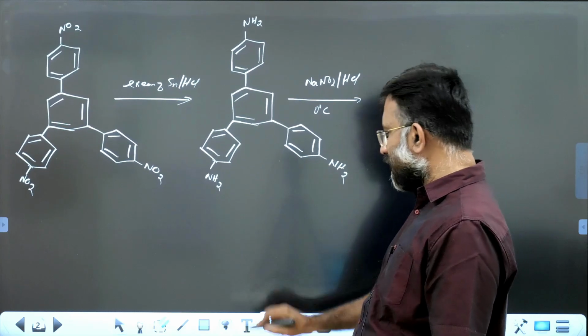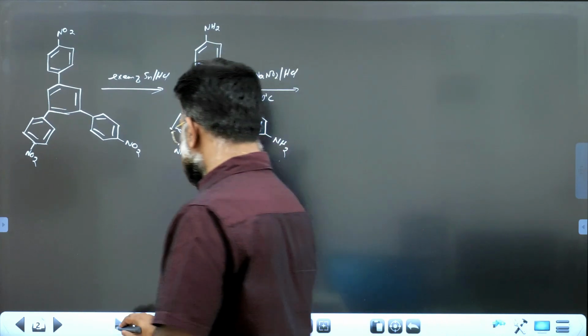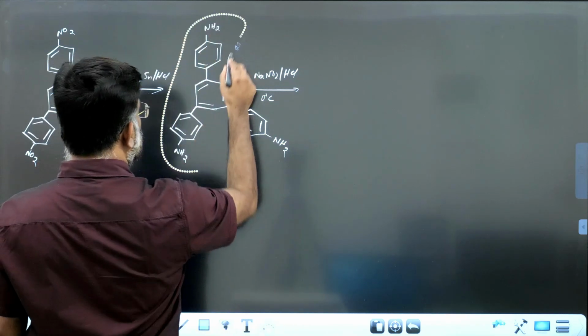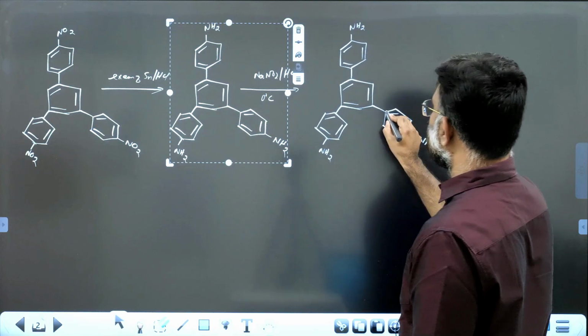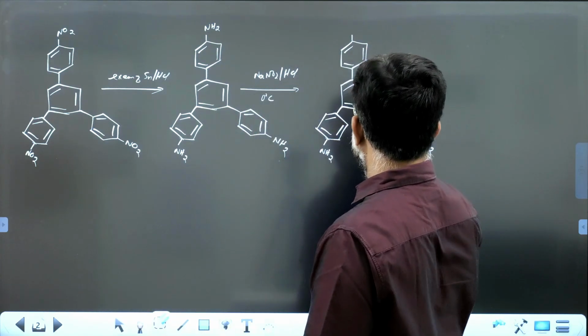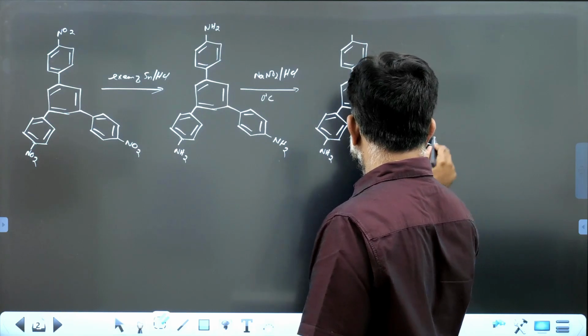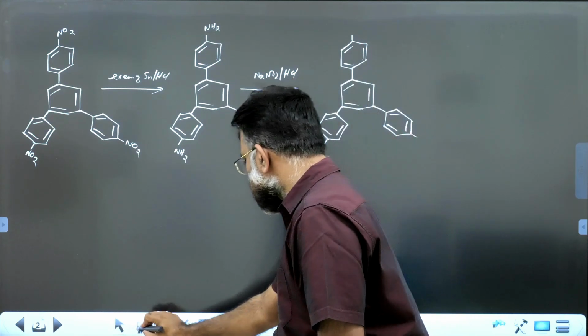You get a diazotization product. What happens? The entire system will turn into diazonium group, isn't it? NH2 will turn, that is given in excess.